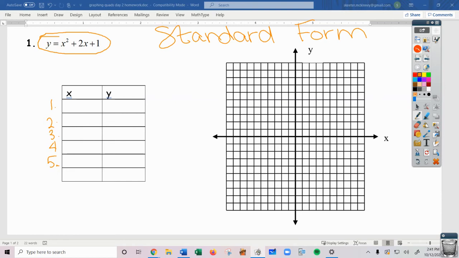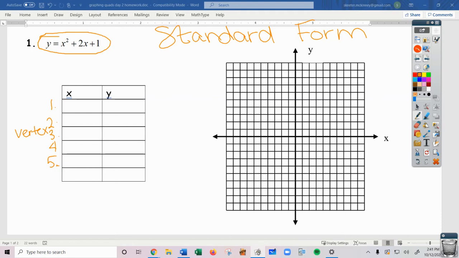Now, I have an extra space in the table in case you mess up and you need to try another value, one got too big, something like that. Okay, but for the most part, we are talking about making 5 points, where in the very middle of the table is going to be our vertex.